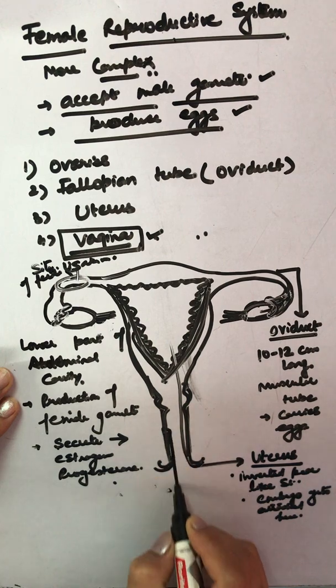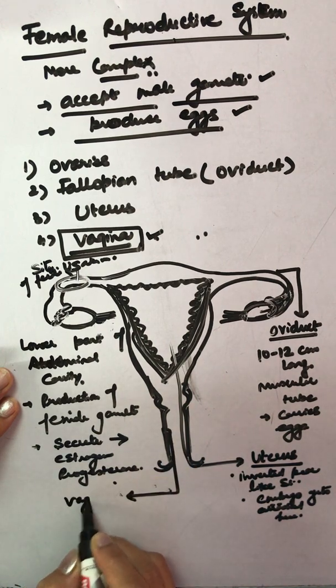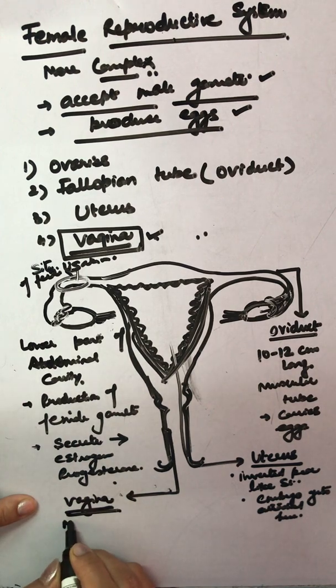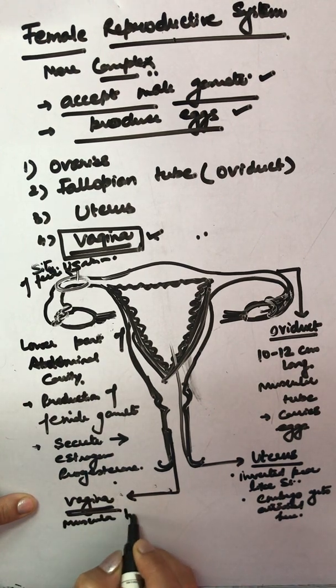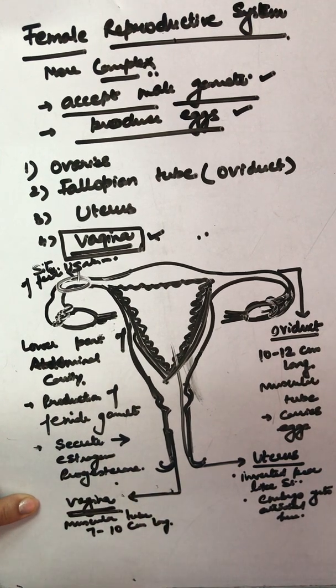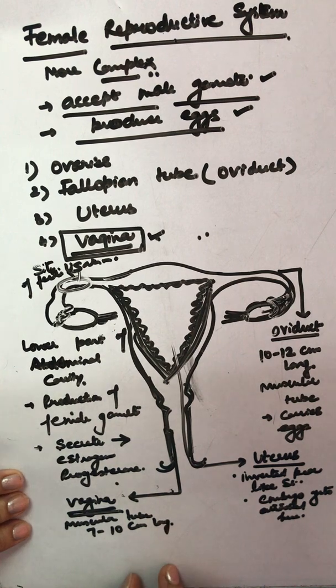This region is vagina. Here we say it is a muscular tube, 7 to 10 centimeters long, contains elastic tissue. It is a passage.